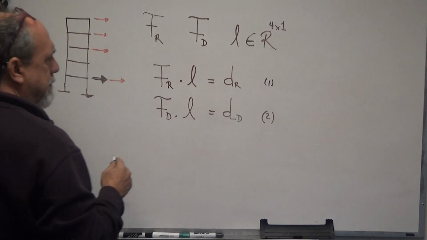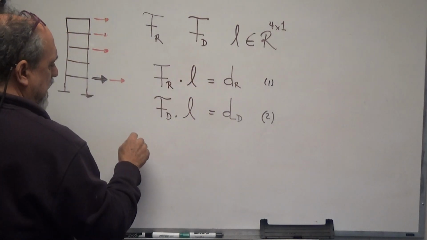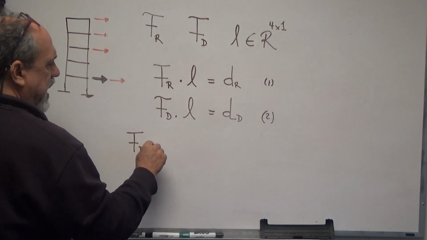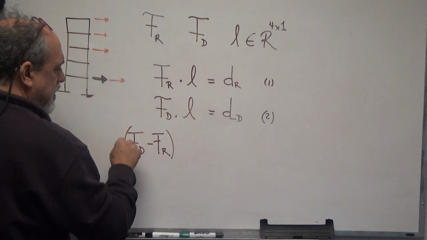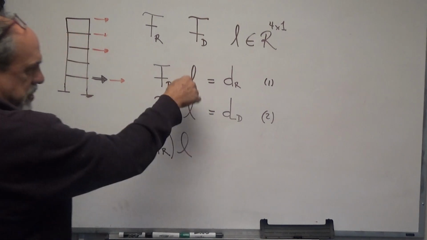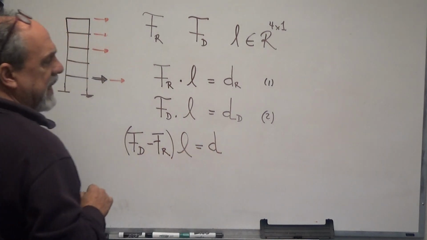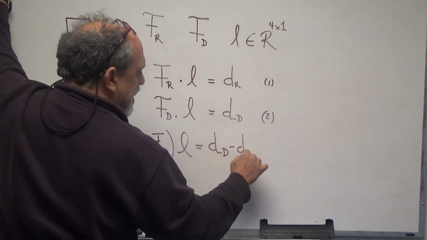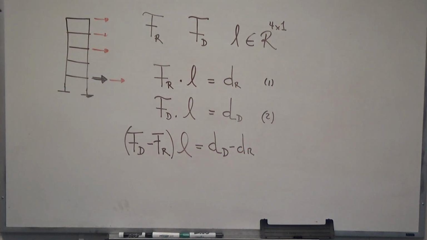Now what I do is I say, let me subtract these two equations. So I have that the flexibility in the damaged state minus the flexibility in the reference state multiplied by L, which is common to both, is equal to the deformations in the damaged state minus the deformations in the reference state, right? That's very simple, very obvious.